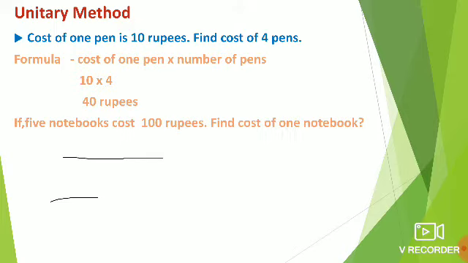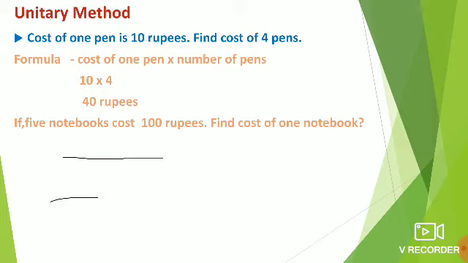So take one more example. If 5 notebooks cost 100 rupees, find the cost of one notebook. See the difference between the two examples. In the first example, the cost of one pen is given. And in the second example, the cost of one notebook is asked. So here we have to use another formula because the cost of 5 notebooks is already given.